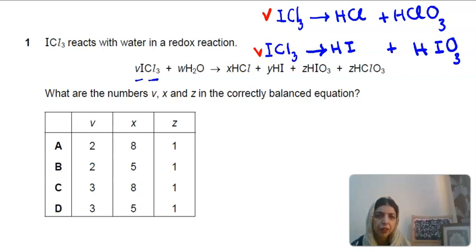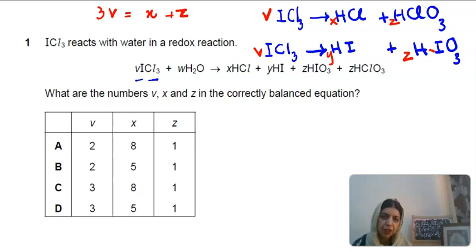For Cl, it is X and Z, and for I it is Y and Z. Now you can see that it also gives you a hint. If V is for chlorine, you have number of moles X plus Z, and because you are talking about chlorine, you have 3 chlorine here, so your V should be 3V.